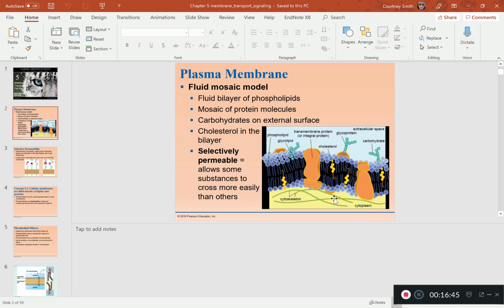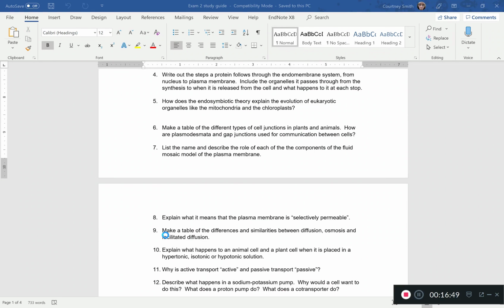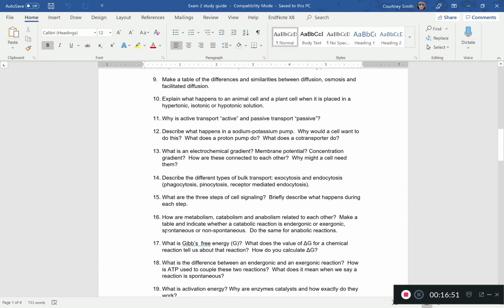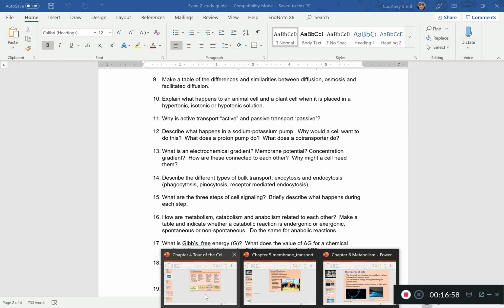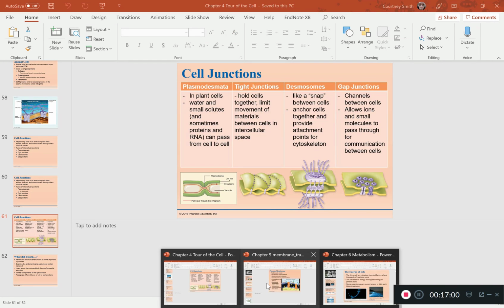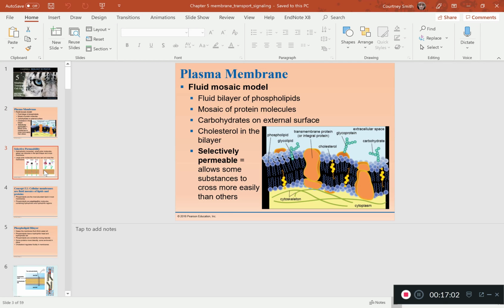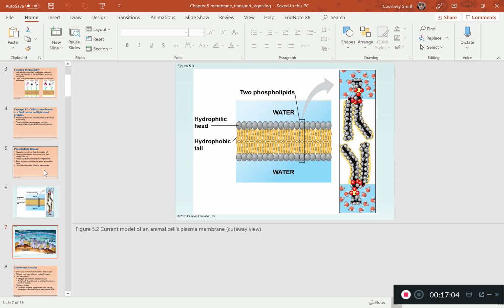Okay, so the next question, number 9, says: make a table of the differences and similarities between diffusion, osmosis, and facilitated diffusion. I don't think I created a table in the slides, so let me go ahead and find those slides.